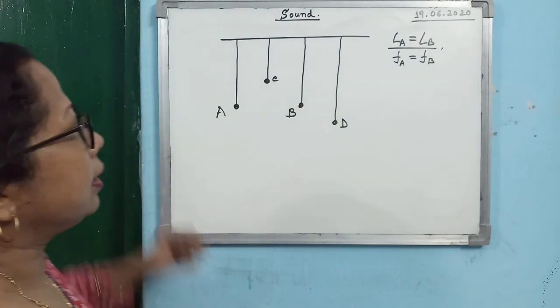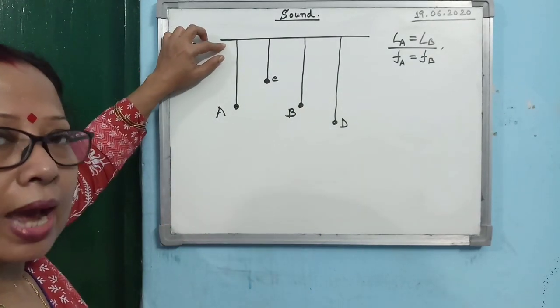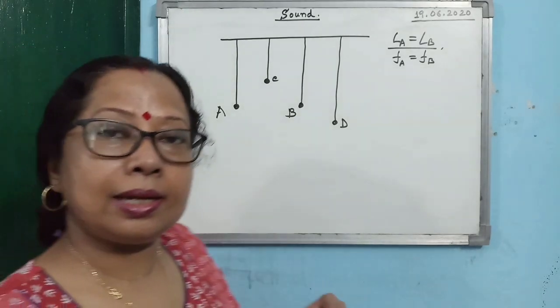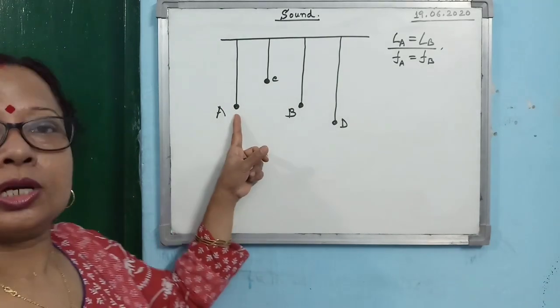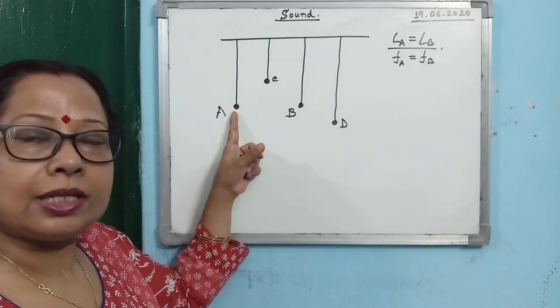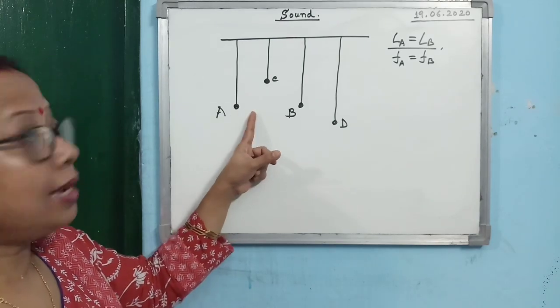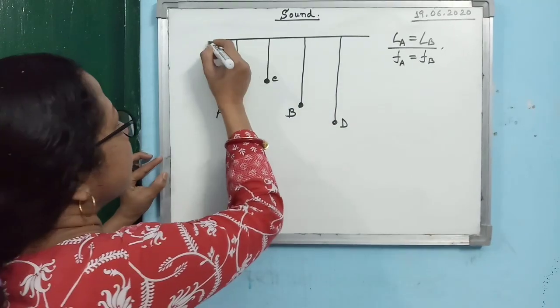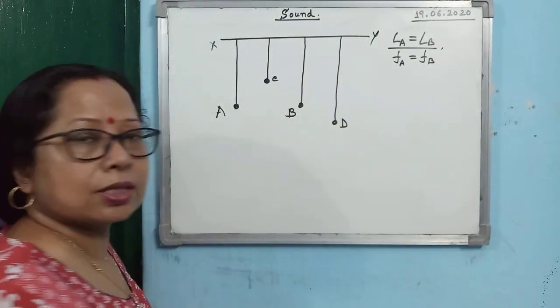Now you vibrate the string perpendicular to A and set A into oscillation, by just vibrating the common string. Let us name the common string XY.